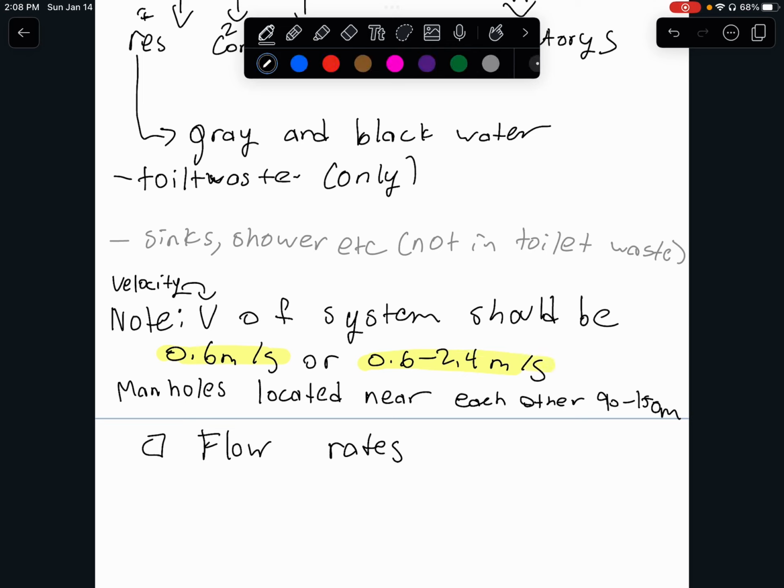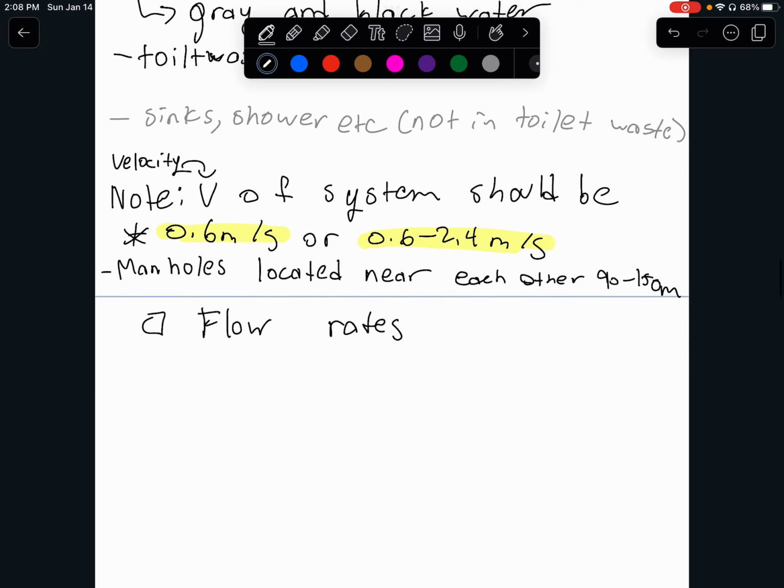But we're trying to get to this point that I just stated. As an addition, manholes are located near each other at 90 to 150 meters. So when we're driving down residential roads, or even just roads that exclude the highway, we notice that there are manholes for our sewer system every 90 or every 150 meters, and they're on the same side of the road accordingly as we go through our piping system.